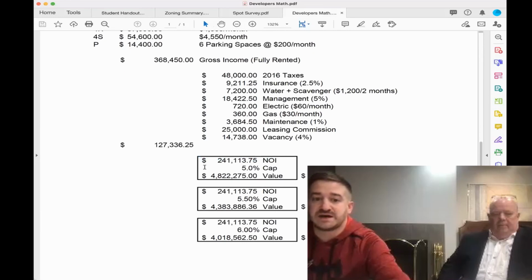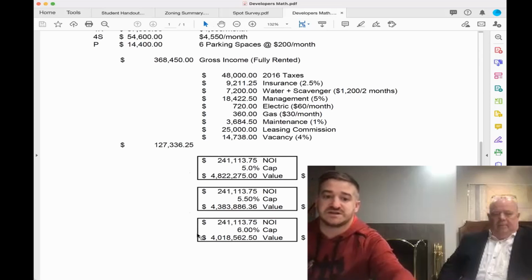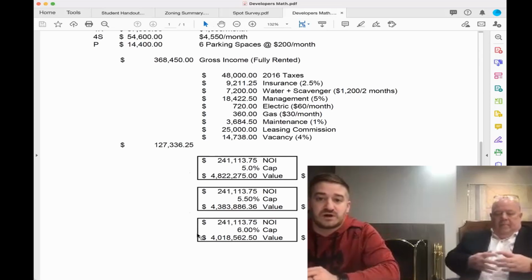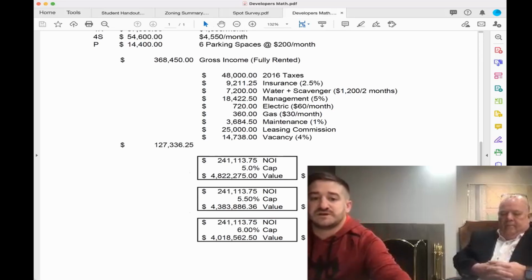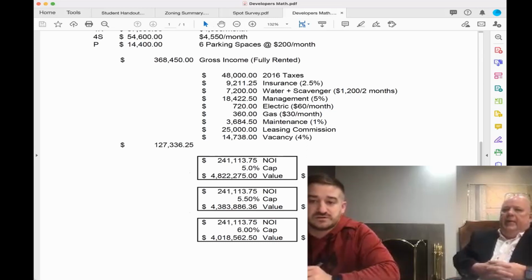Because then these three boxes are three separate sales scenarios in the event he wanted to list the apartment building for sale. So since he developed to a 6.5 cap, he's probably going to want to sell it at a 5 cap, which means that property would sell for 4.8 million, therefore giving him a $1.1 million profit or 30% return on his total investment.